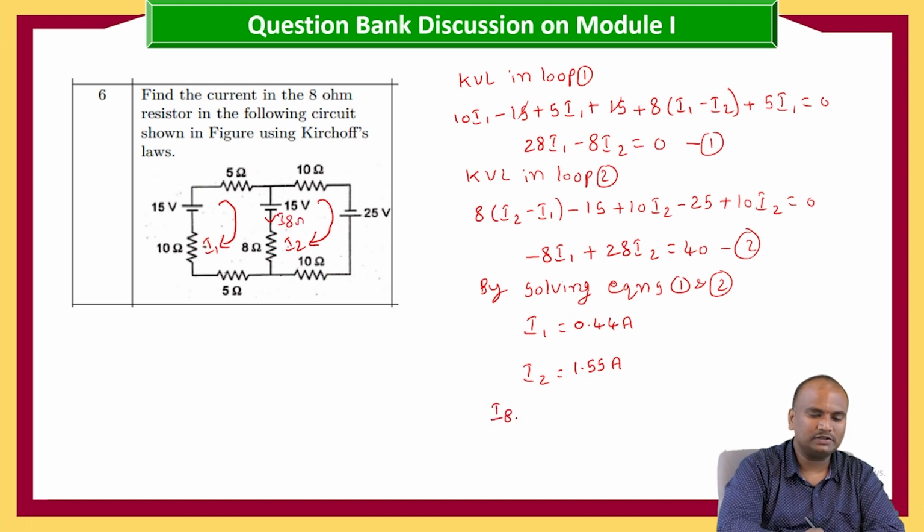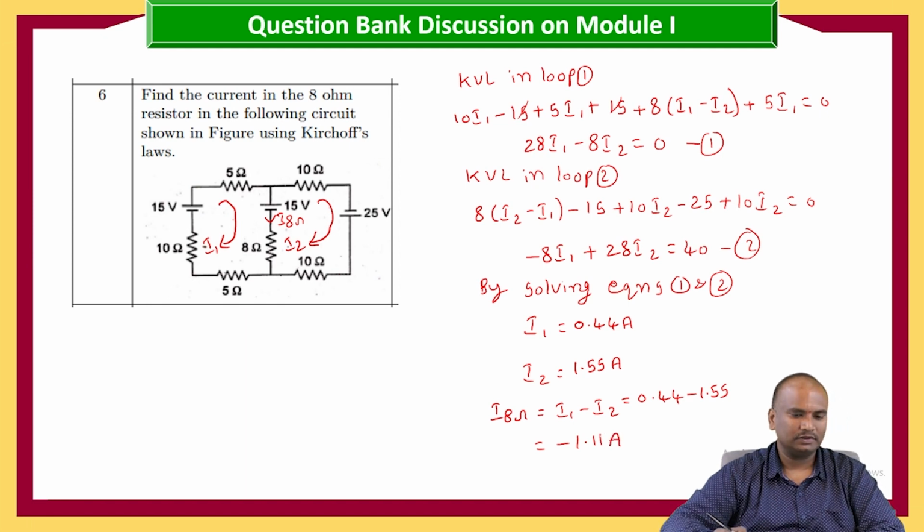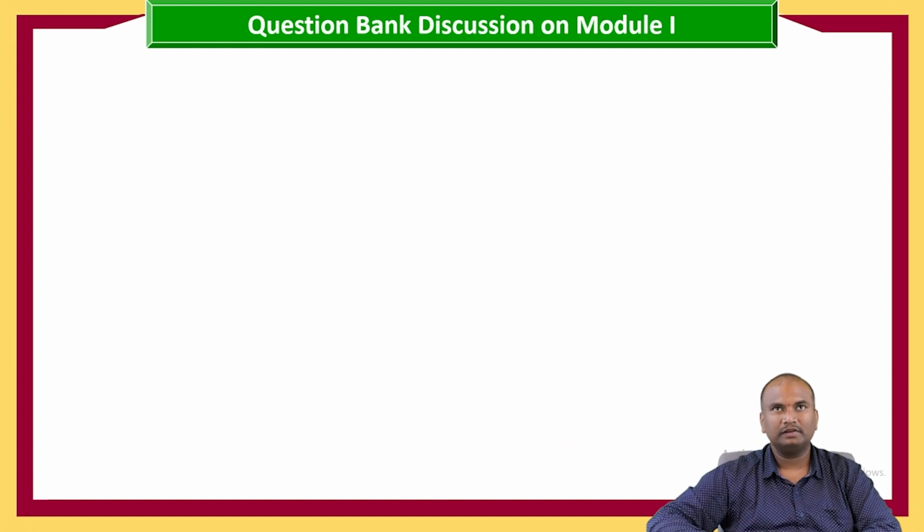I 8 ohms is equal to I1 minus I2, that is 0.44 minus 1.55, which is equal to minus 1.11 amperes. This is the current flowing through the 8 ohm resistance.